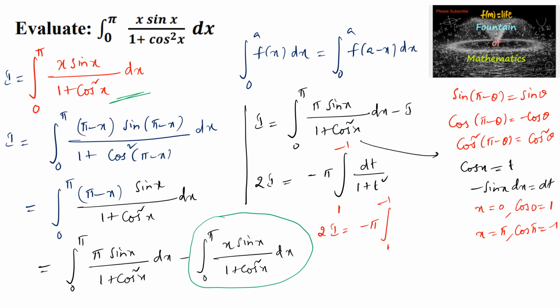1 upon 1 plus t square, which is nothing but tan inverse of t. So we can write minus pi tan inverse of t over the limits plus 1 to minus 1.